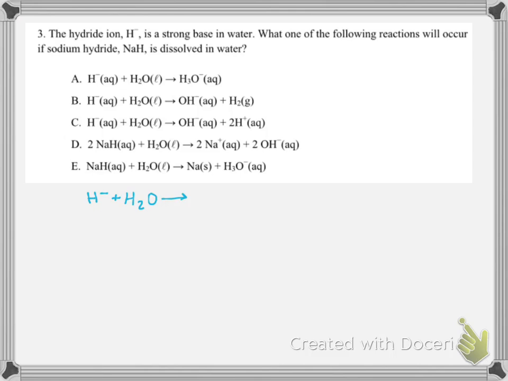For number 3, we have a strong base and water, and they just want us to write out the reaction for this. So we know that the whole thing about what makes a strong base is that it's able to pull a hydrogen, take a hydrogen from water. So we'll have this H minus taking an H plus from the water, making H2, and that leaves behind OH minus.